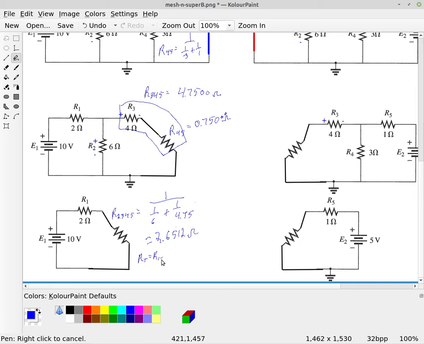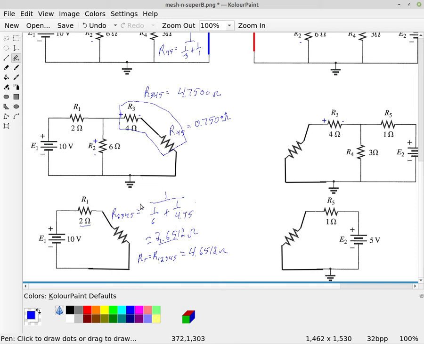I like to number these 1, 2, 3, 4, 5. This resistance, and these last two are in series, so it's 2 plus 2.6512, which of course is 4.6512. Take it out to 5 digits so that we prevent any round off.